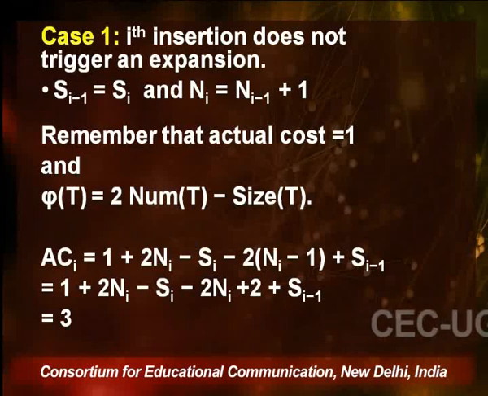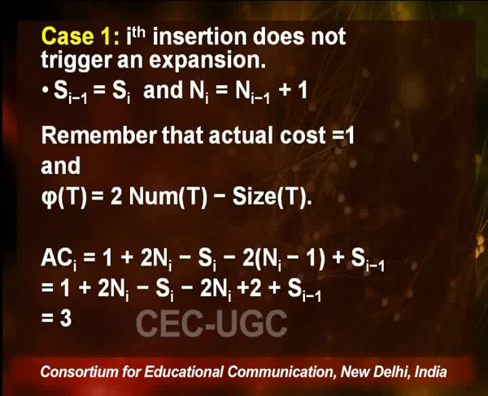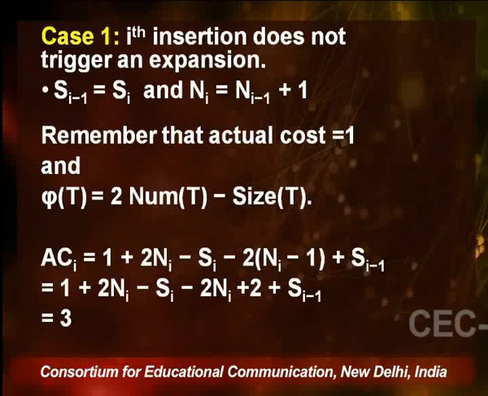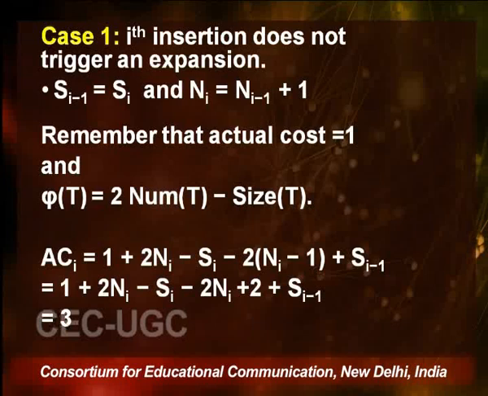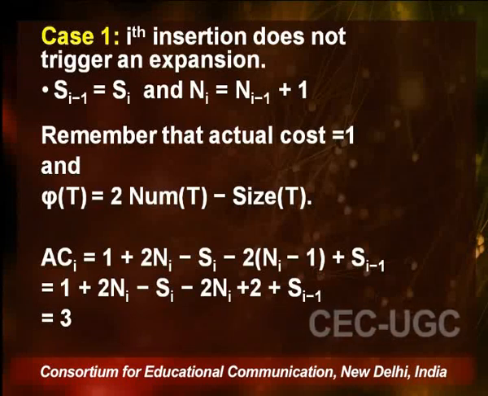That is n i minus 1 as shown above, and then we see 1 plus 2 n i minus s i minus 2 n i plus 2 plus s i minus 1, and if we cancel all the similar terms, we get 3.